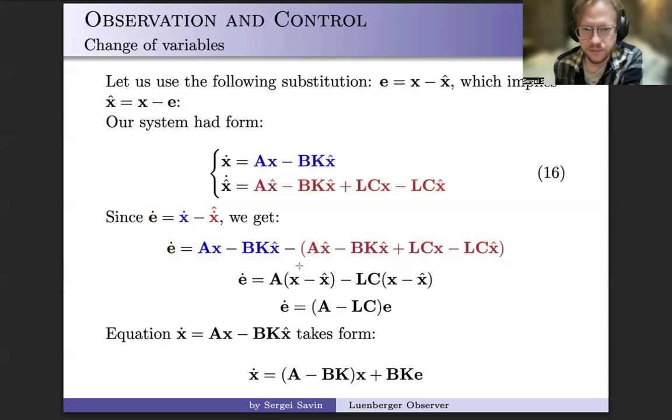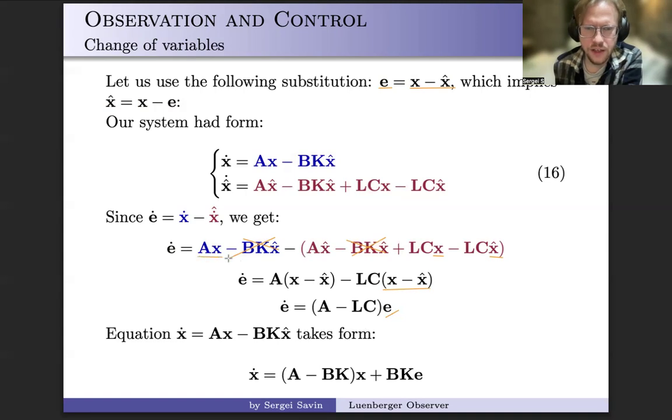Let us now simplify. We notice that this term will cancel with this term. This minus, minus, minus, so the plus, so they cancel. What else cancels? This term, x minus x hat, is e, so we get e here.